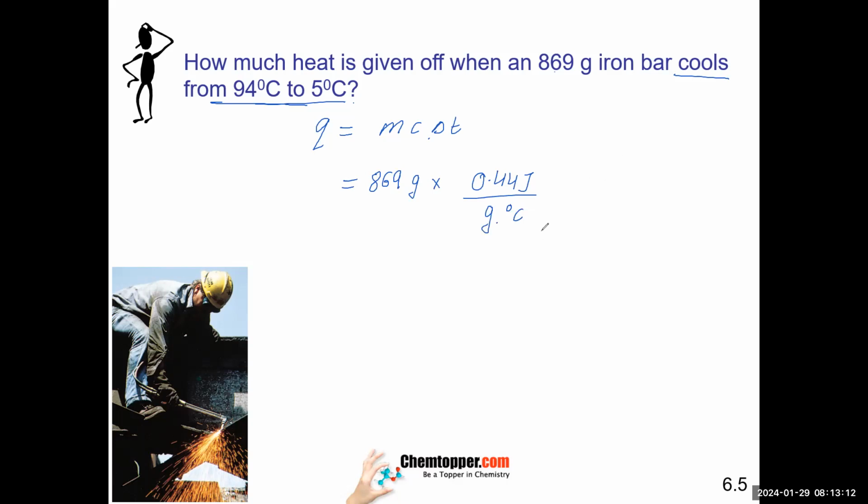You need not memorize. So specific heat capacities will be given to you. And delta T, what is delta T, children? It is minus 89. Always remember it's a state function, T final minus T initial. Final minus initial. And you can see that your answer will be negative, right?